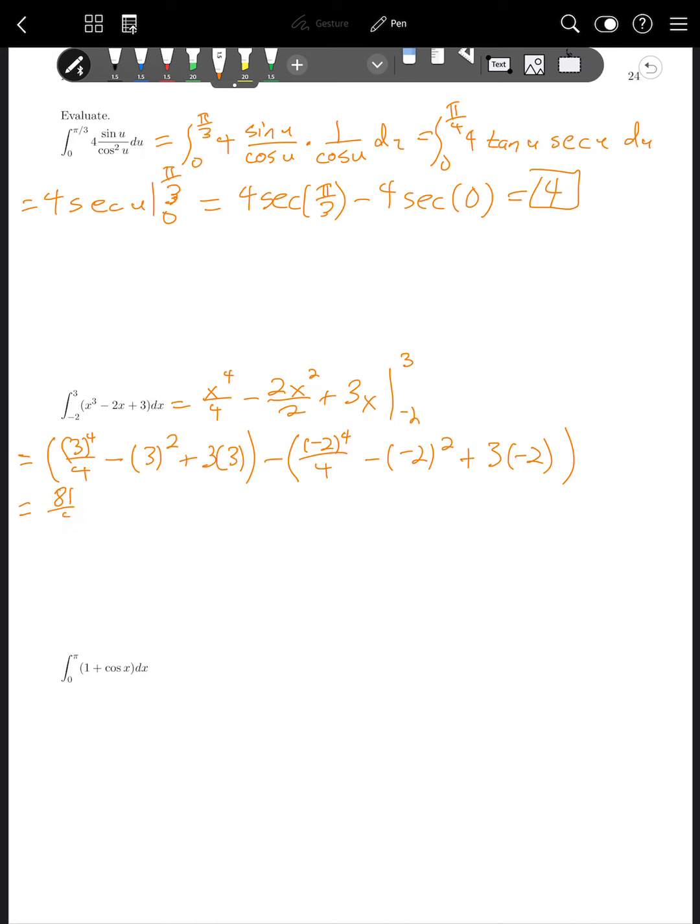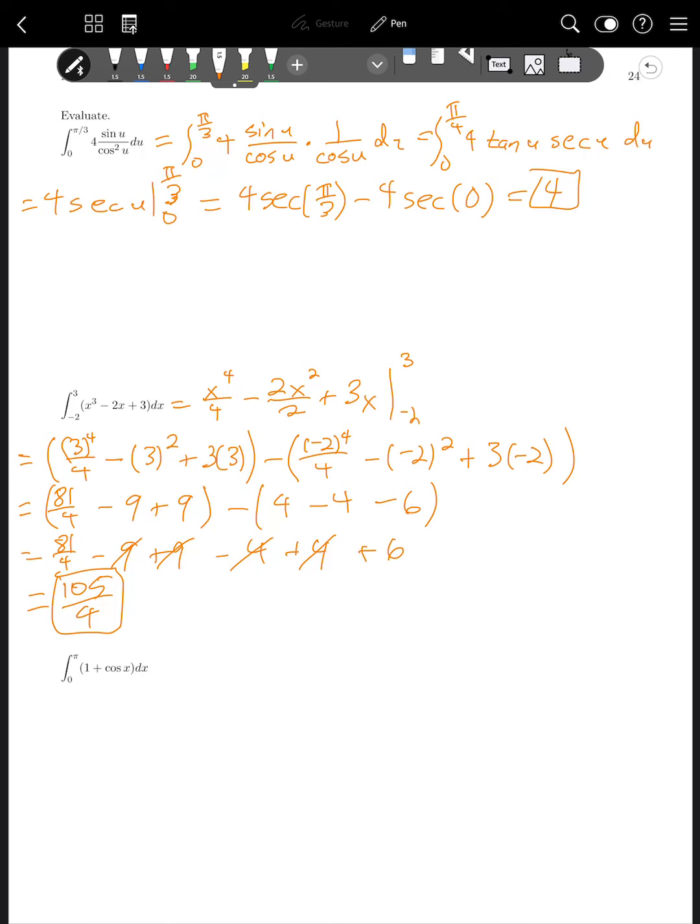Okay, so that's 81 over 4 minus 9 plus 9, minus 4 minus 4 minus 6. Then we can distribute the negative and combine like terms. Negative 9 and positive 9 cancel, negative 4 and positive 4 cancel, and we add 81 over 4 to 6. So that's 81 over 4 added to 24 over 4, which is 105 over 4.